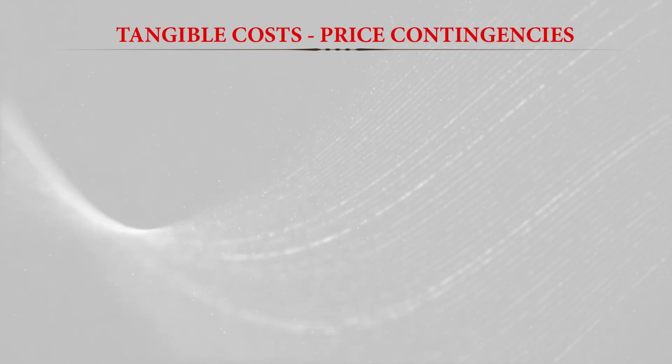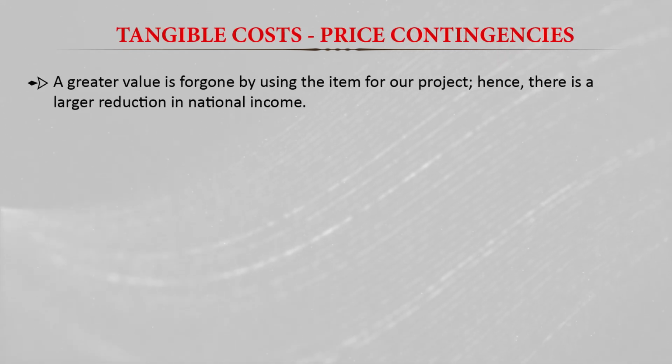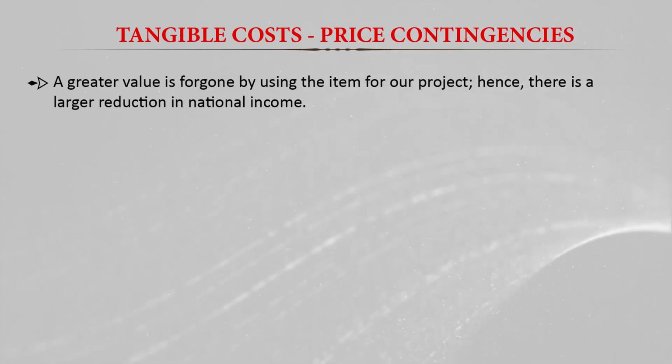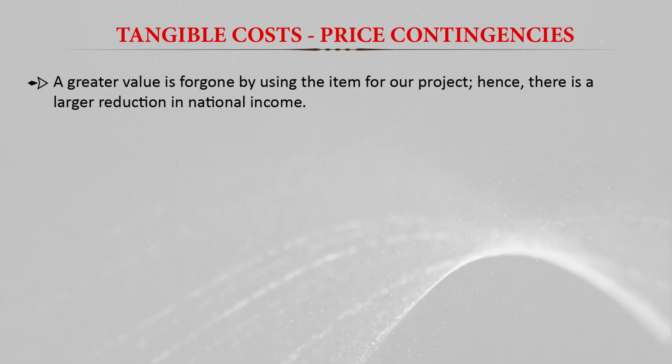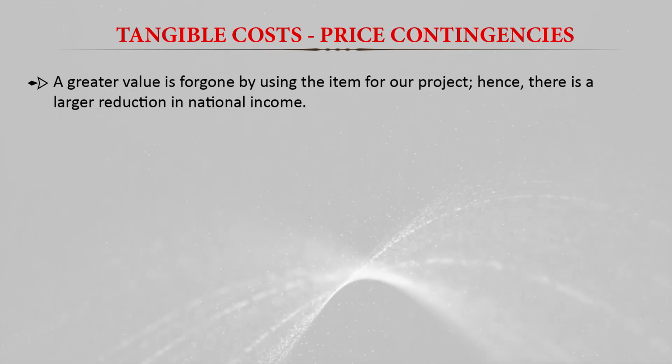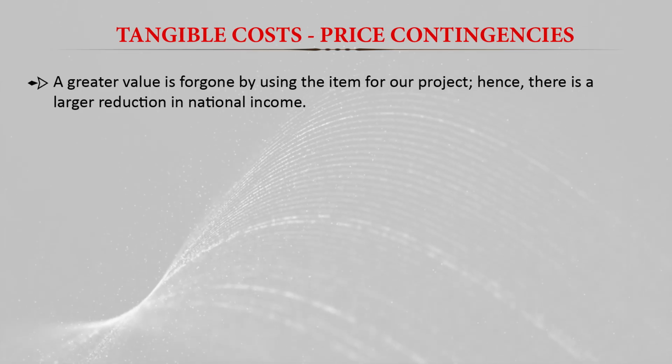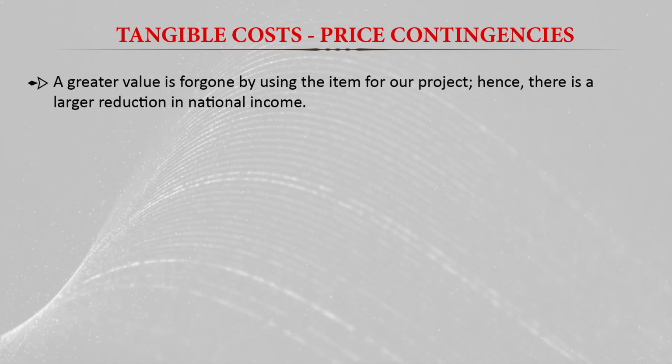And then when we talk about the price contingency, basically a greater value is foregone by using the items for our project. Hence there is a large reduction in the national income if the cost of the items or services we are using increases.